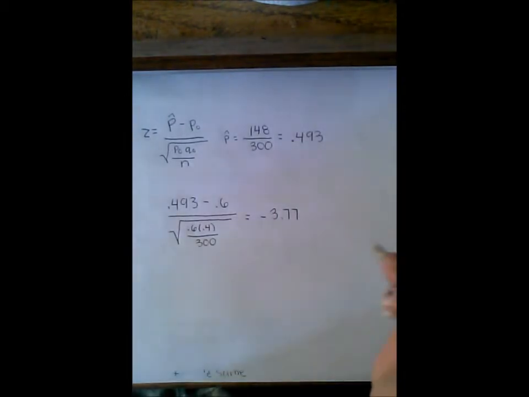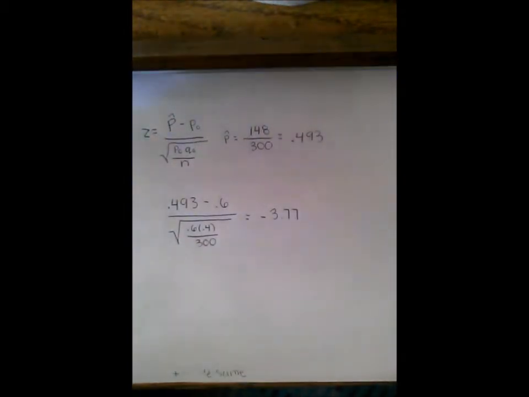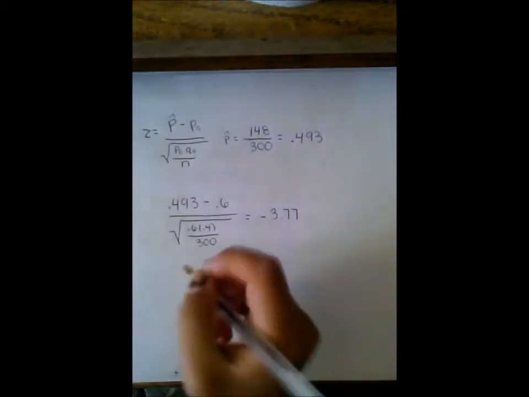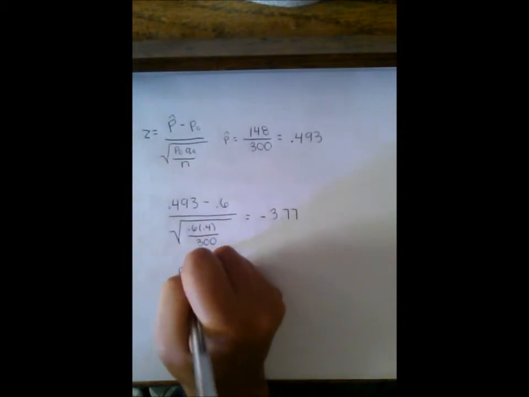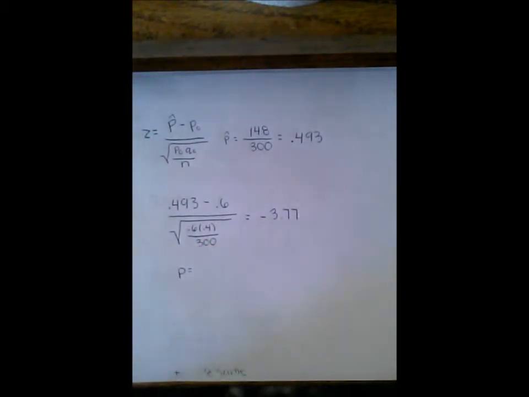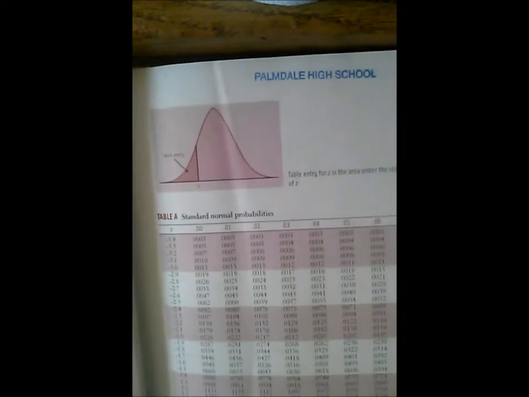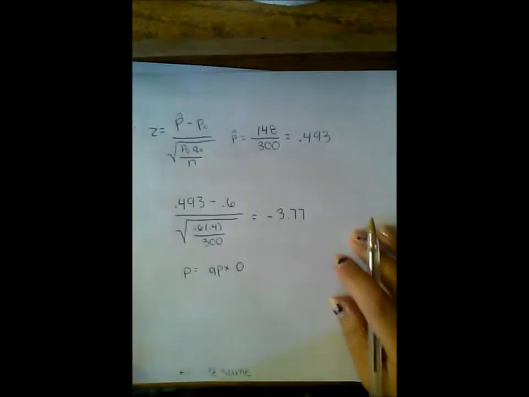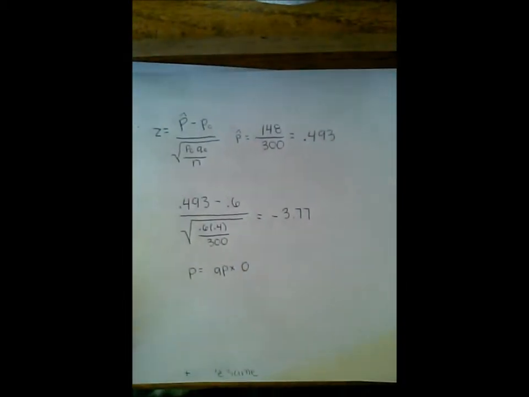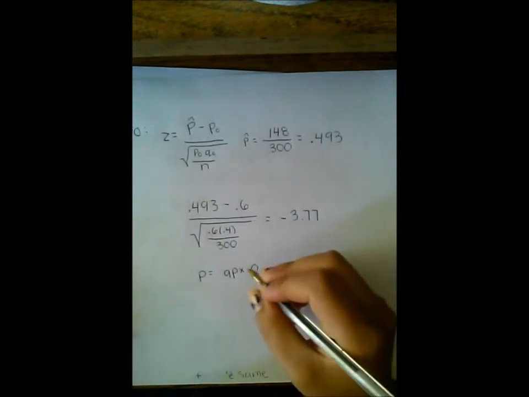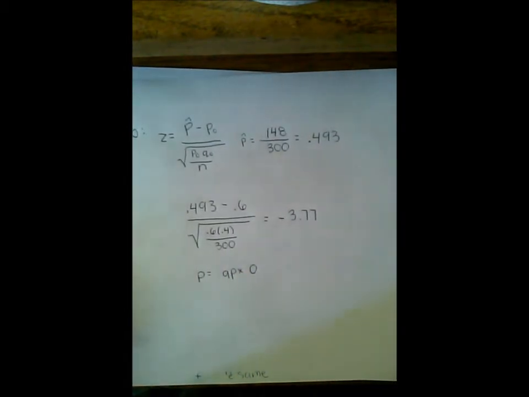To find our p, to do a significance test, we need to know our probability. We do that by looking at a z-table. To get the exact number, we can do it in a calculator, and that's what we're going to show you right now.